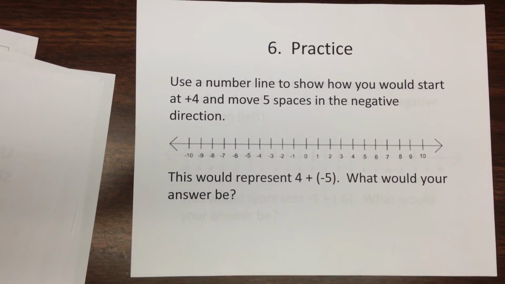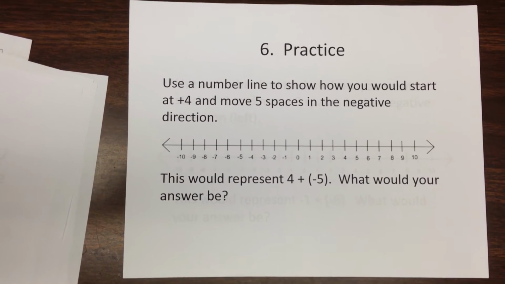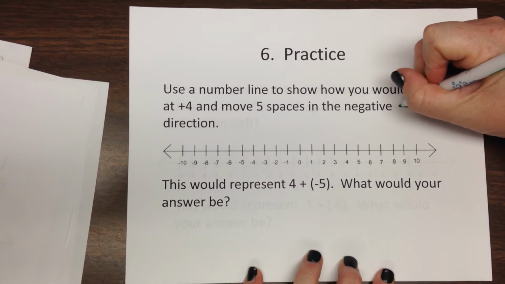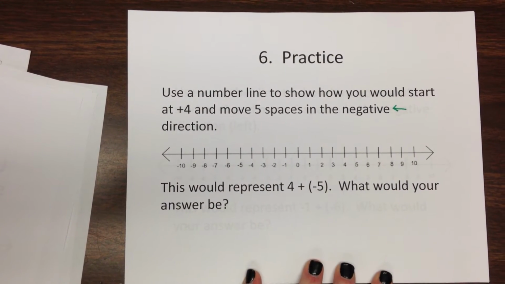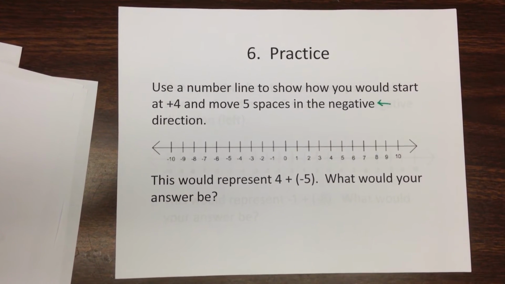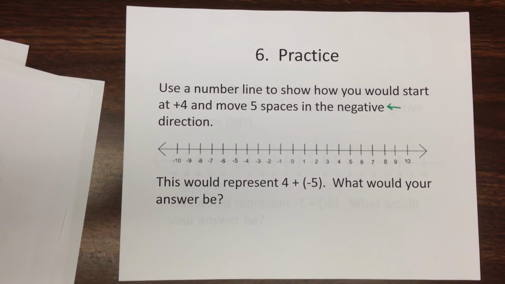Number 6, that's a lot like it. You want to use your number line to show how you would start at +4 and move 5 spaces in the negative direction, and that is left. So this represents +4 plus -5. What do you think your answer would be? And remember, these should be on separate number lines.